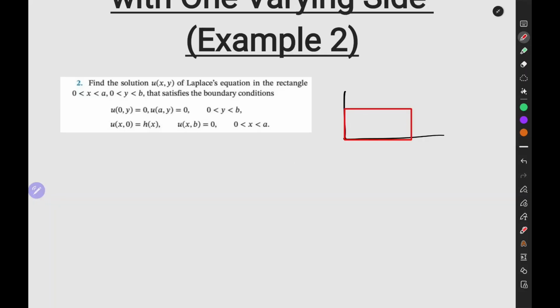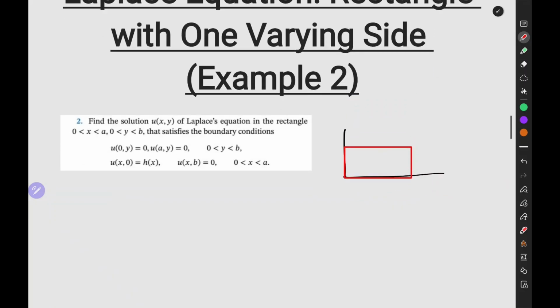So u(0, y) is 0, this is 0, this is a, just like the last problem. You have u(a, y) is 0. You have u(x, 0) is h(x). u(x, b) is 0.